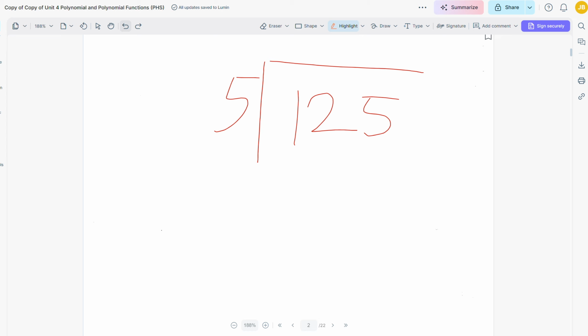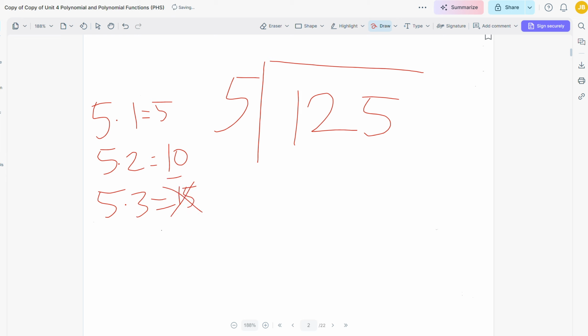If you know your multiplication table, 5 times 1 is 5. 5 times 2 is 10. And if I go again, I'm going to go over the amount, 15. I can't use 15, so we're going to use 10. So that's what we're going to put right below the 12. The number that I multiplied 5 by to get 10 is 2, so I'm going to put the 2 on top.